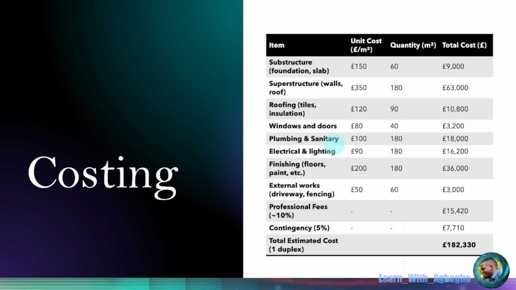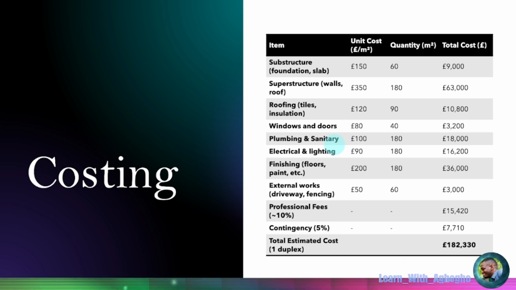we are looking at substructure, that is the foundation and slab works. We are looking at the superstructure, which has to do with the walls and roof. We are looking at the roofing, which has to do with tiles of the roofing and installation.